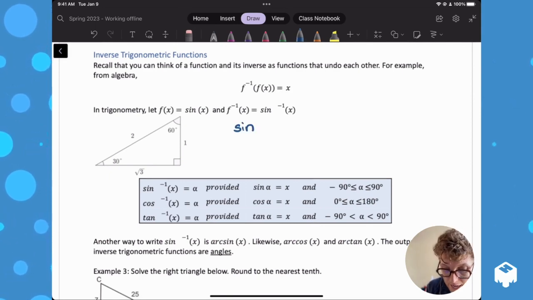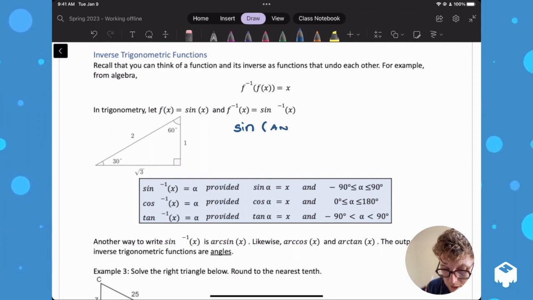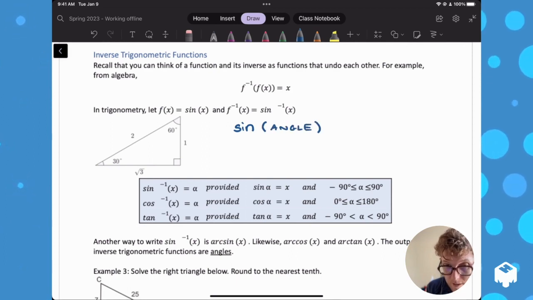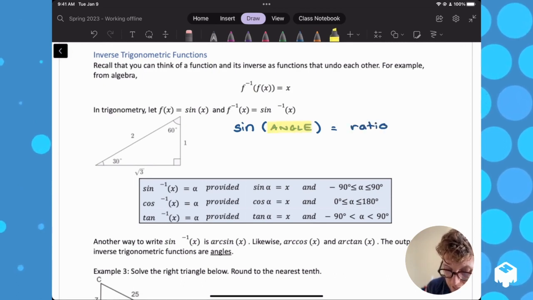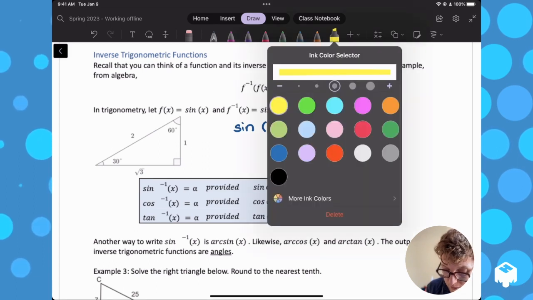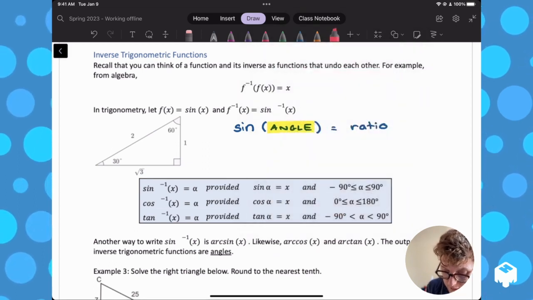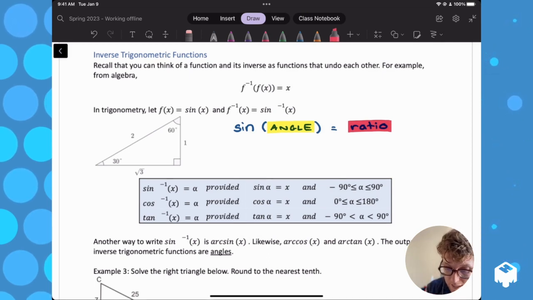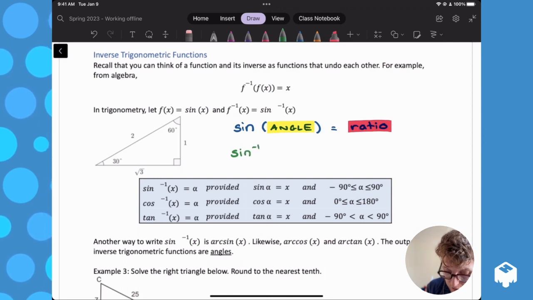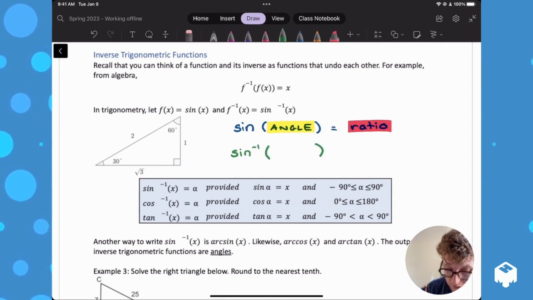But when you find the sine of an angle, which is what we've been doing so far, we set that equal to a ratio. So we have an angle, and the output is the ratio. Now, when we use the inverse function, the input of an inverse function is the ratio.